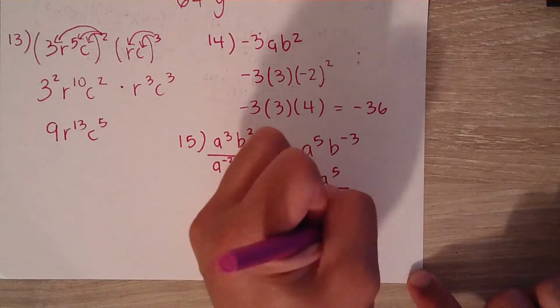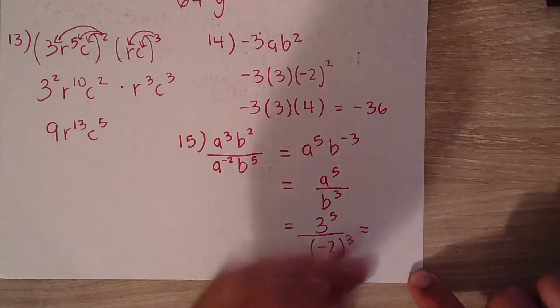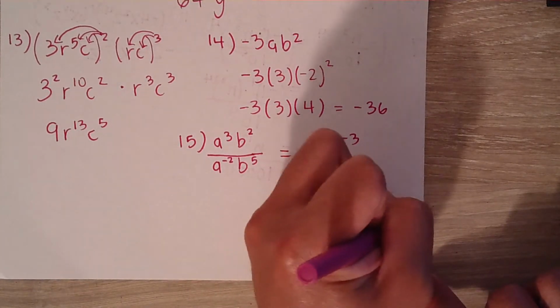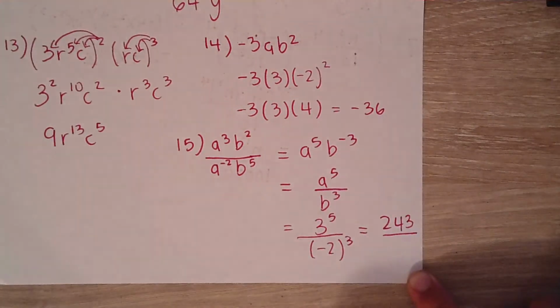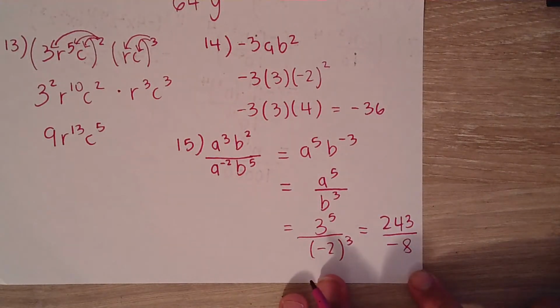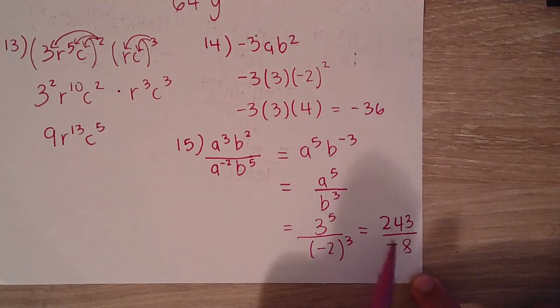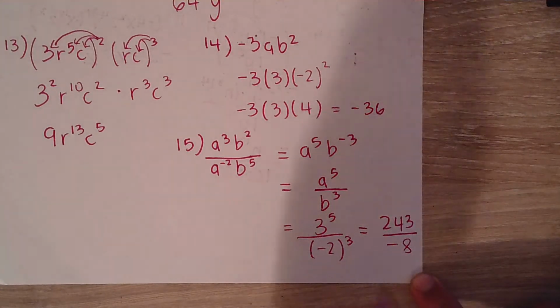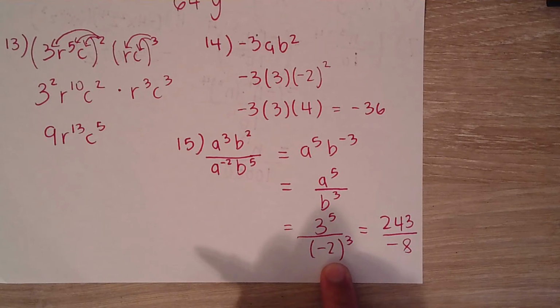So 3 to the 5th power, I believe that's 243, divided by -2 times -2 times -2, that's going to be -8. This one looks like it could simplify, but nope, that's your final answer: 243 divided by -8.